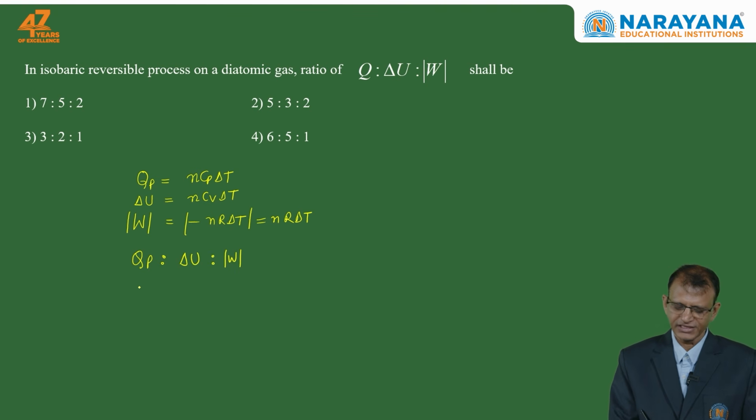If we simplify, the Cp value for a diatomic gas is 7R by 2, and Cv, because n and delta T are common, they will cancel out.